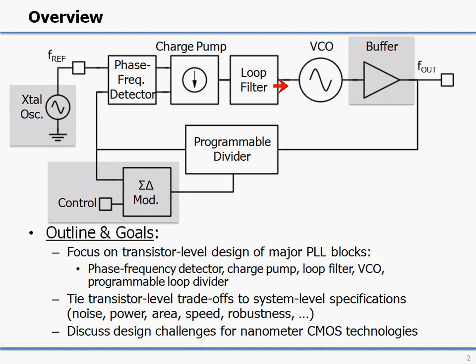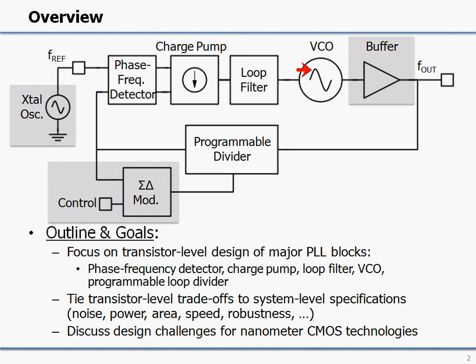In this talk, I'm going to focus on transistor level design of those blocks that are designed in a full custom manner. I'm not going to spend time on those blocks that are done in a more automated design flow, which could be the sigma delta modulator, for example. I'm also not going to talk about crystal oscillators, which are very often specialized designs or off-chip components, and I'll spend only a little bit of time on the buffer design.